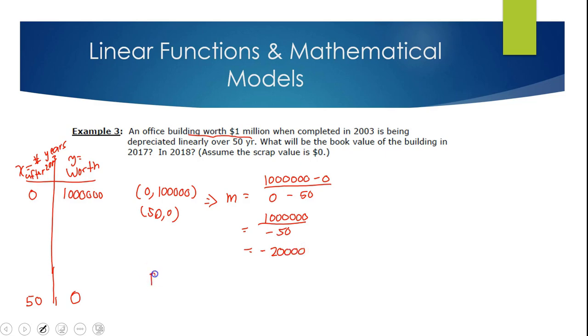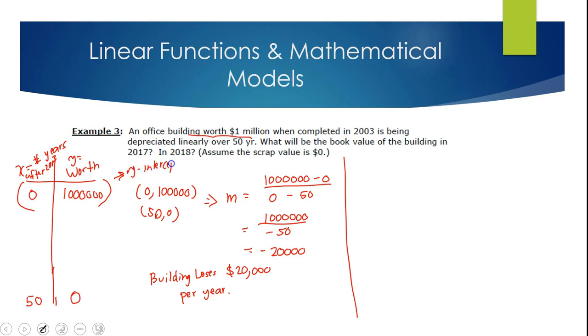So basically the building loses $20,000 in value per year. And we have an equation that would predict what's going on here, since I know that this is a y-intercept, because the x value is 0.